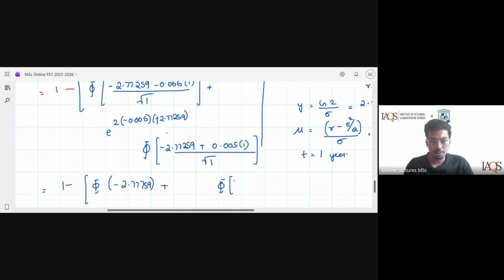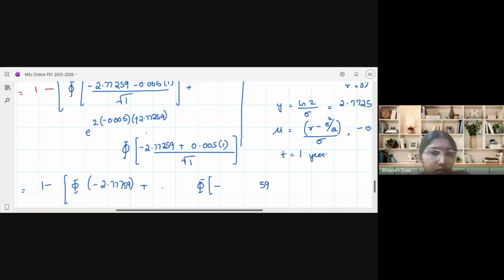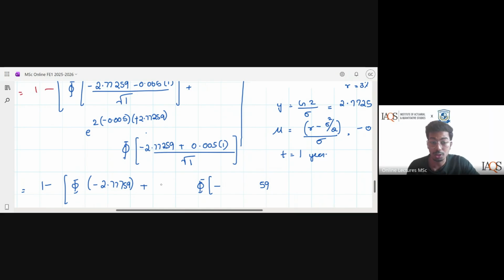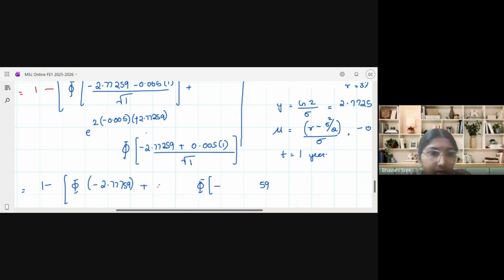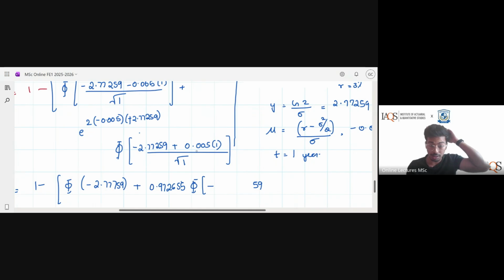So 0.5 of minus plus minus 0.005, 9 as it is, 0.972654. Sorry, 2.972654. And this will become minus 0.05, so 5, and this will become 6, 7. Hopefully, I'm right.